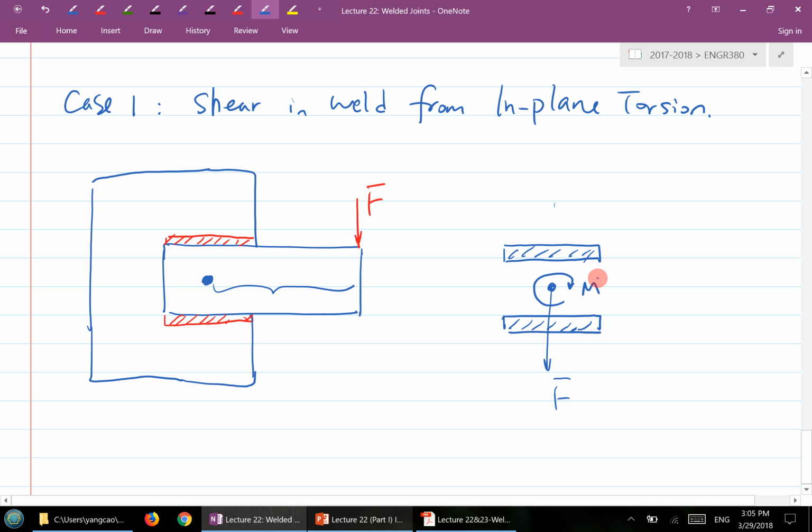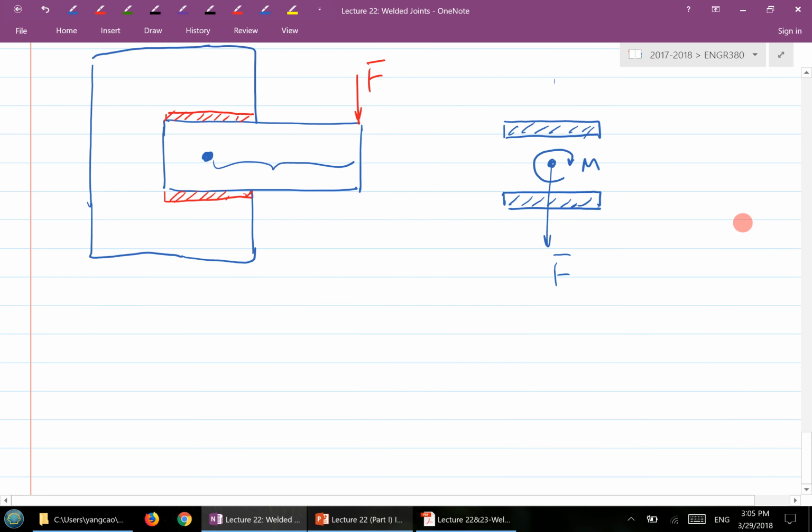So what it means is for this weld group on the top and the bottom, it will feel two things. One is the force, with force going down everywhere. Another is the torque or moment generated by the F right here. Let me draw this again.